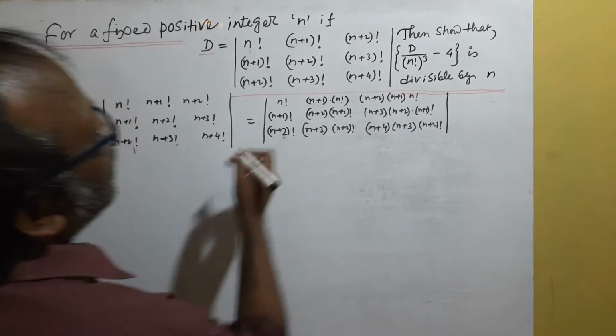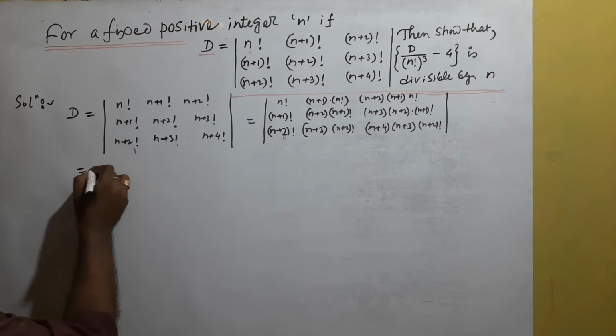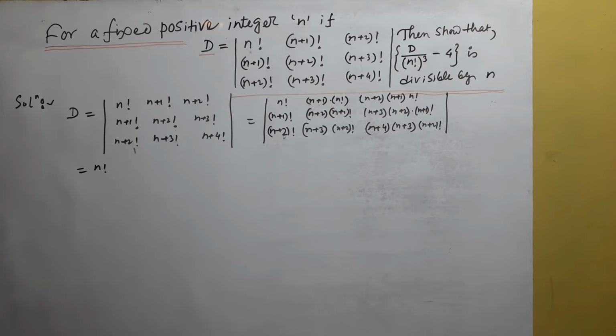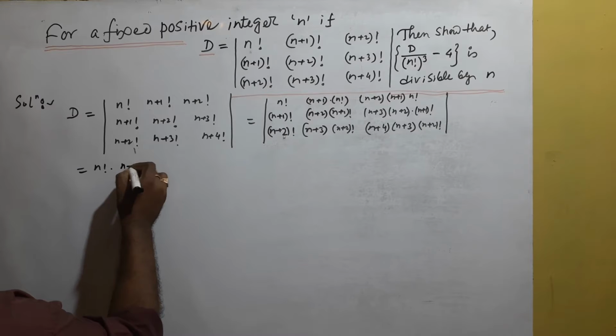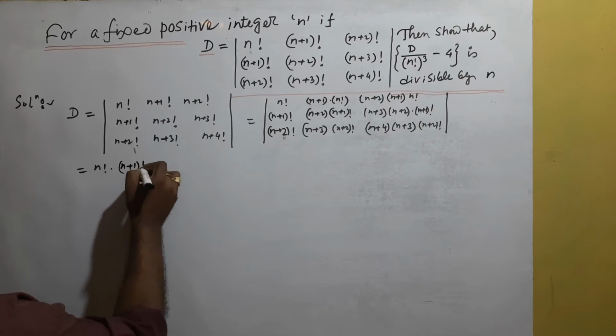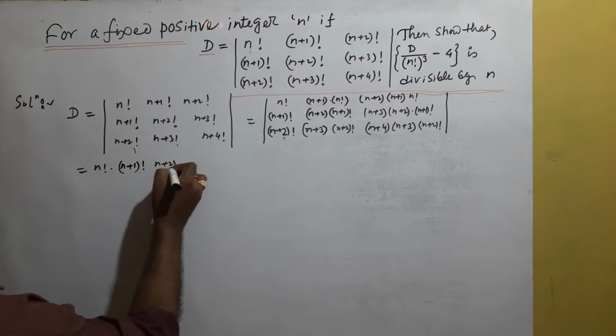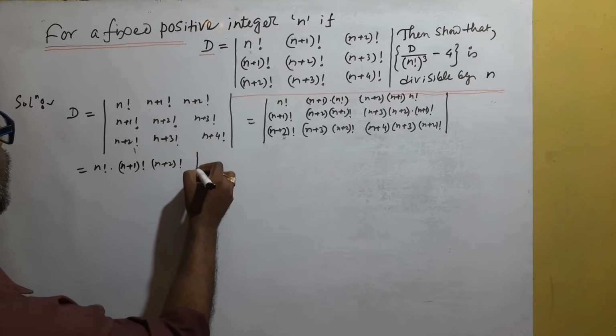Okay, take common factorial n from the first row, factorial n plus 1 from the second row, and factorial n plus 2 from the third row.